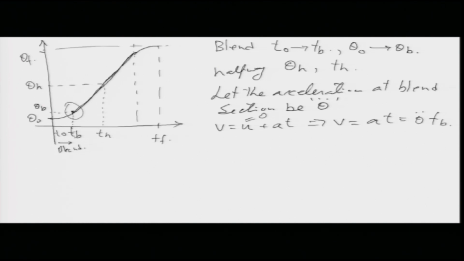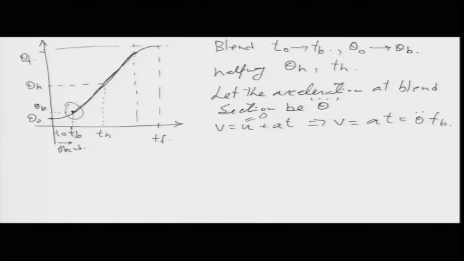Now, at the start of the linear section, the velocity is going to be constant. Please note here that in the linear section your velocity will be constant. Why? Because when it is moving in a linear way, the velocities are constant.